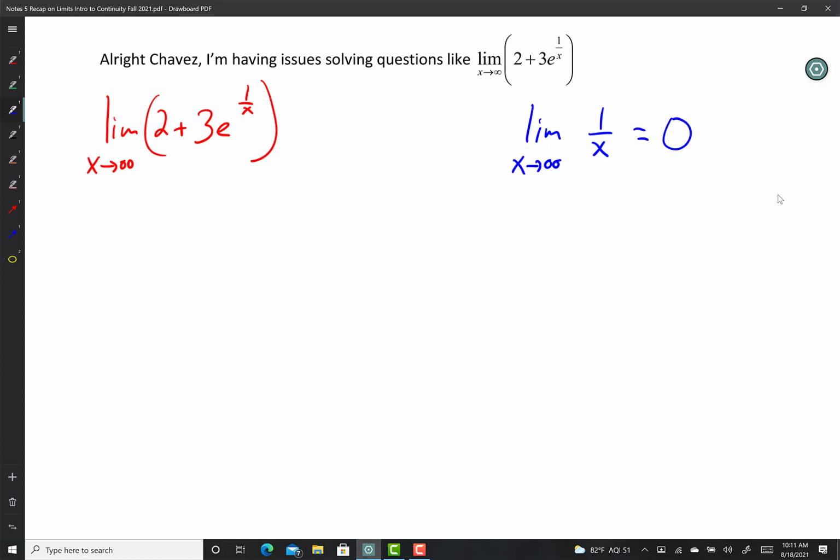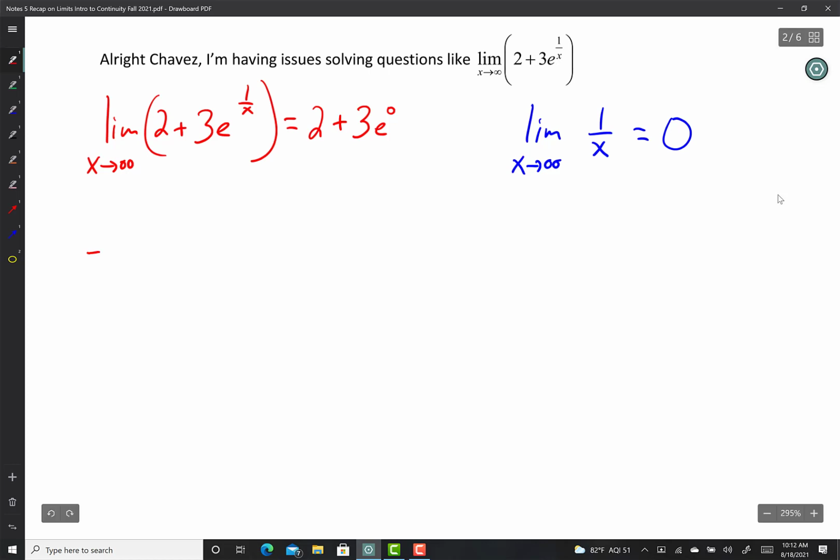So then as x approaches infinity, I can write this as 2, there's no x there, plus 3 e to the 0. And if this were an AP exam, I would not want you to leave it like that, but you can, and that would be counted correct. We're better than that, and we can do better than that.